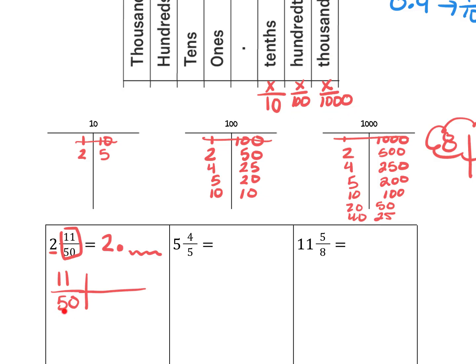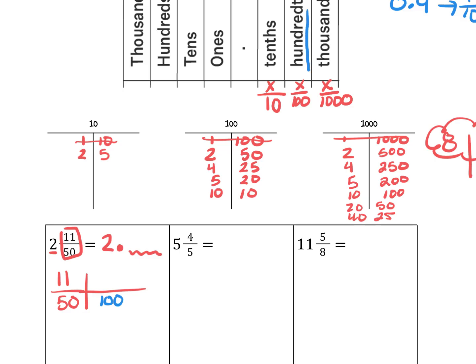Right now my fraction is out of 50, so I'm going to look at my first option, 10. I cannot go from 50 to 10 because we can't simplify this one. We can't make it smaller. So I'm going to try 100. Can I go from 50 to 100? Yes, I can, because 50 is one of my factors. So we're going to make our goal the 100. I know that my answer will be to the hundredths spot.